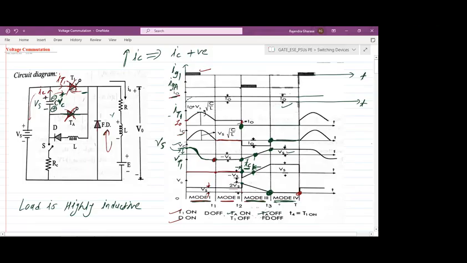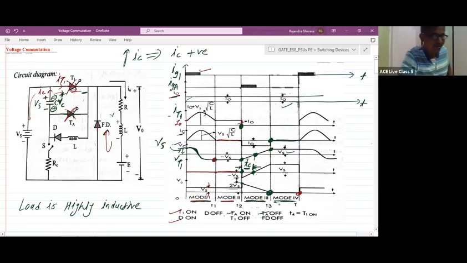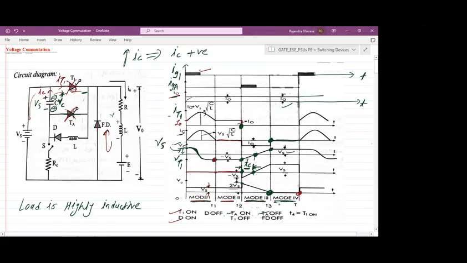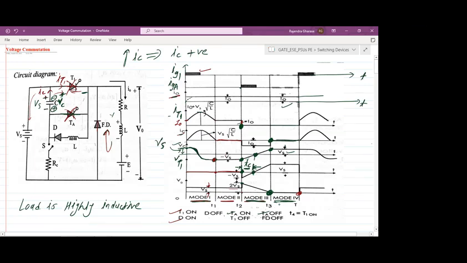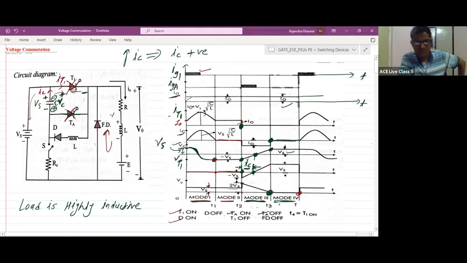Sir, this is a disadvantage: to turn off one thyristor we want to use another thyristor. But we don't have another option. In current commutation also you can check, we need to add one more thyristor. In order to turn off the main thyristor, we need to go for the auxiliary thyristor.